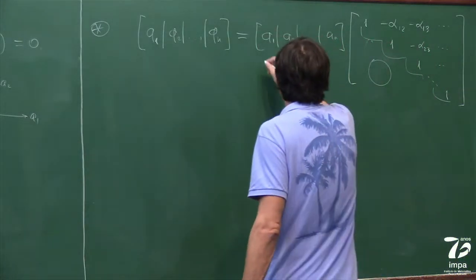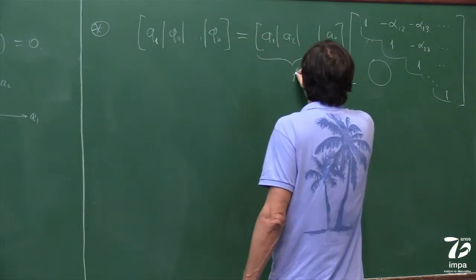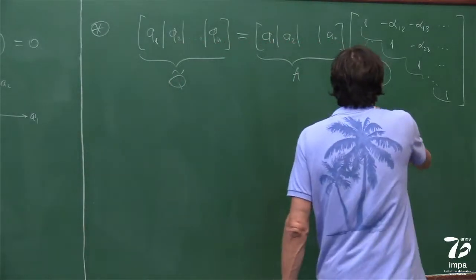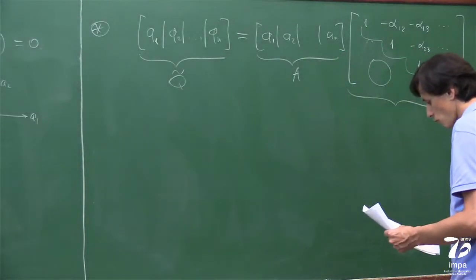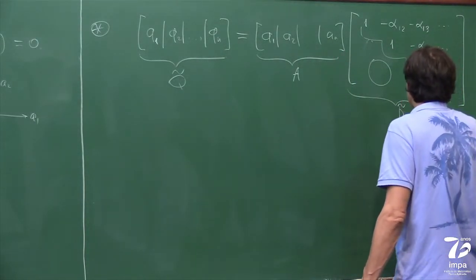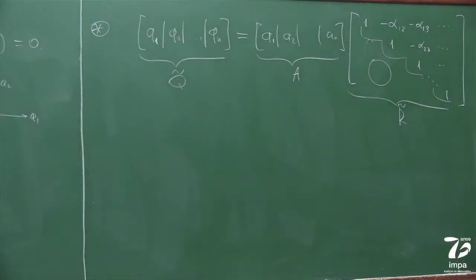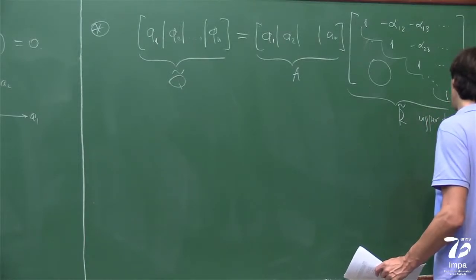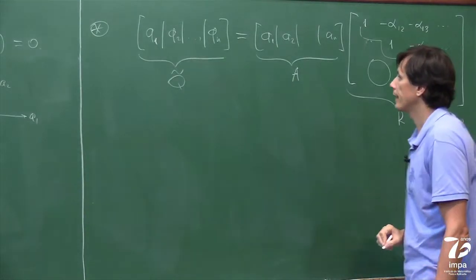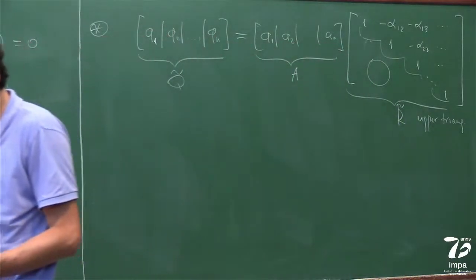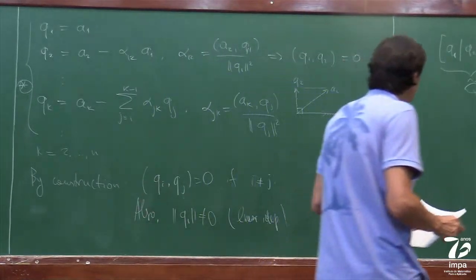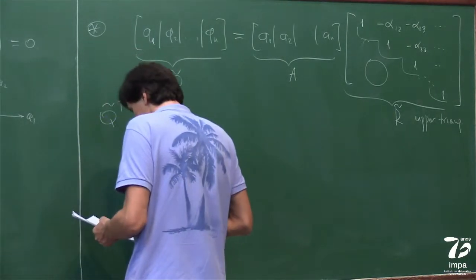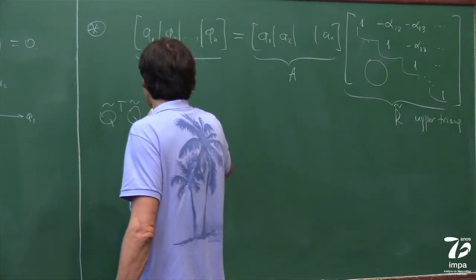So what you see is that we have this matrix A here. We have this matrix which we'll call Q tilde. And this is the matrix which we call R tilde. So R is already upper triangular. And Q tilde is almost orthogonal, except that if you take Q transpose by Q, what is it?